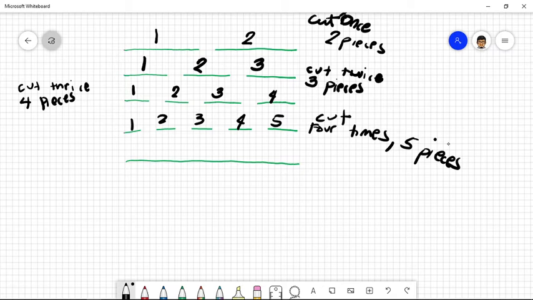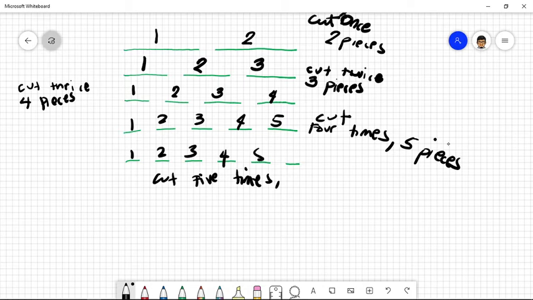Tuloy na natin yung pang-limang string. If you have to cut the fifth string 5 times. 5 times. 1, 2, 3, 4, 5. After cutting it 5 times, meron na siyang ilang pieces. 1, 2, 3, 4, 5, 6.